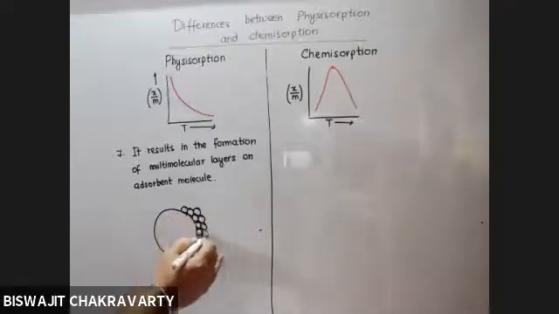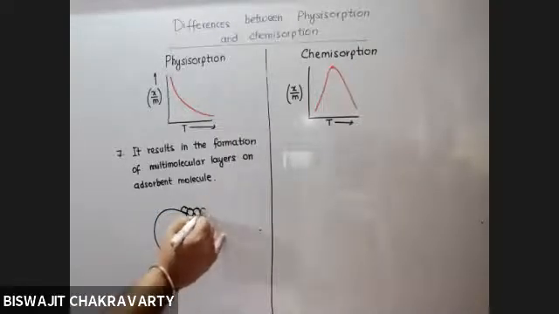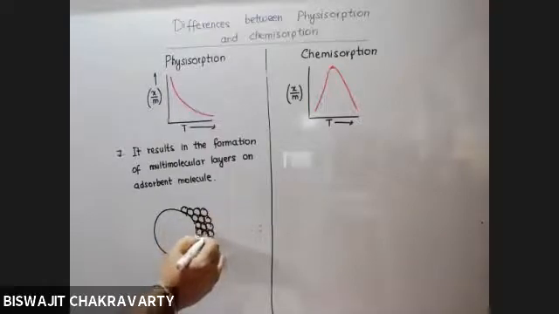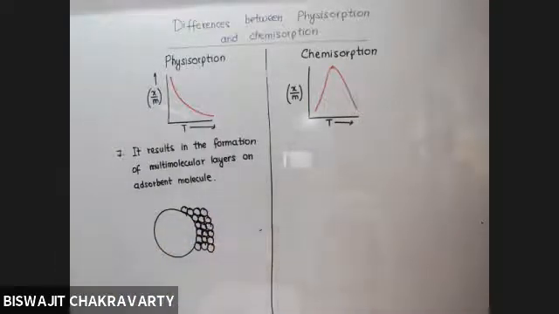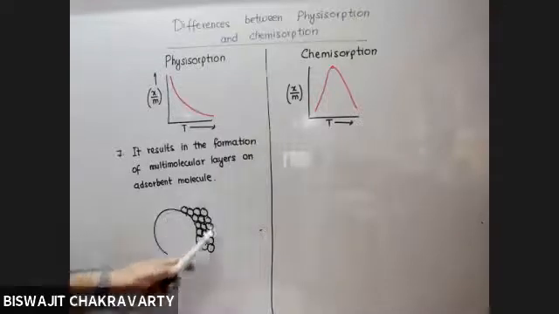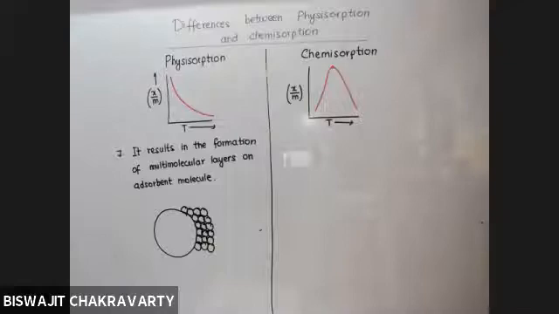There can be another layer of adsorbate which can come, because the force that is responsible is weak van der Waals force, and being non-specific in nature, it can exist between different molecules as well as same type of molecules as well. So as a result of which you will see that there is a multimolecular layer formation.